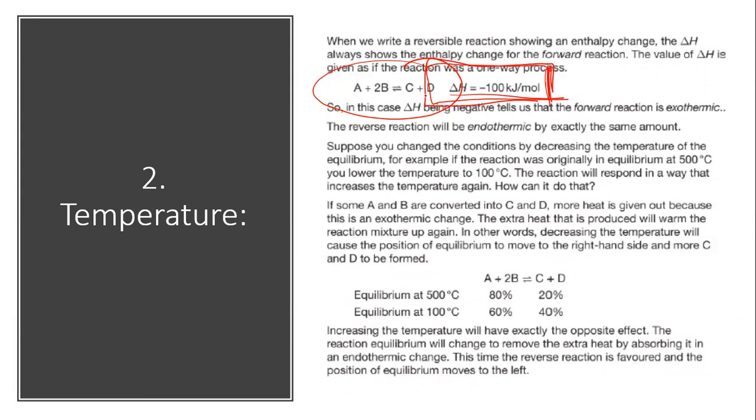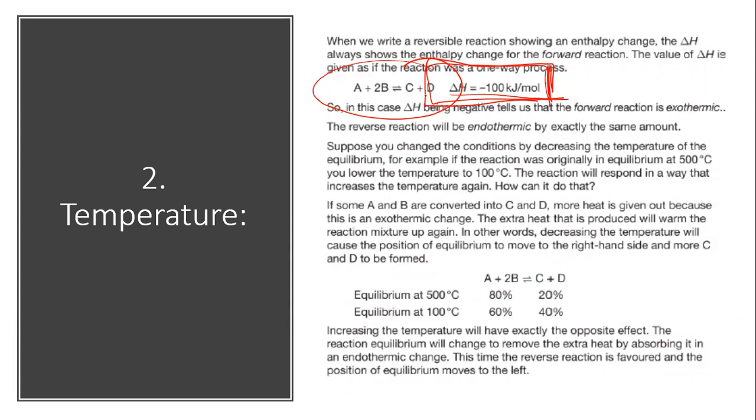That is how you figure out which is exothermic and which is endothermic: the one they have given you the value for is the forward reaction.